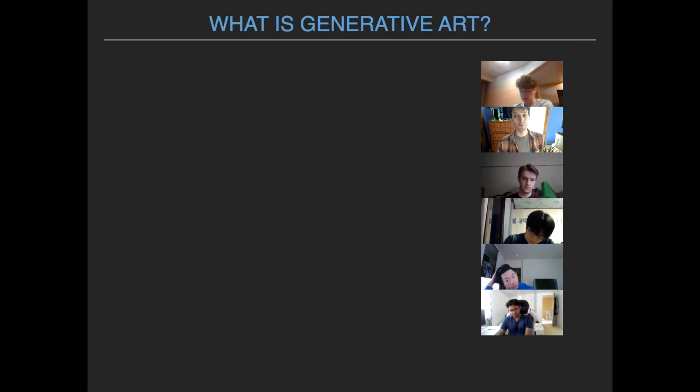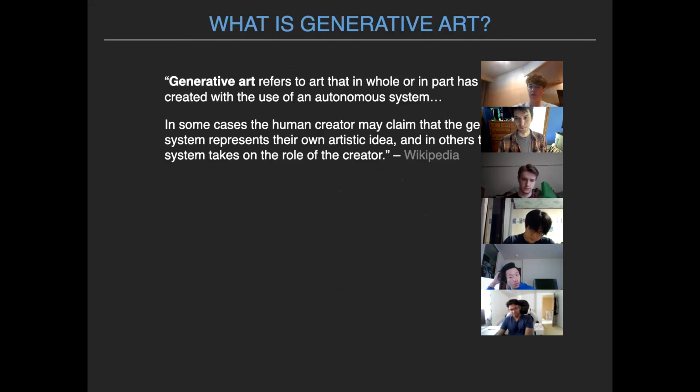So what is generative art? It's broken down into two subcategories, and it's really anything that's made through use of a system. We're obviously going to be doing computerized generative art, but really any autonomous system.